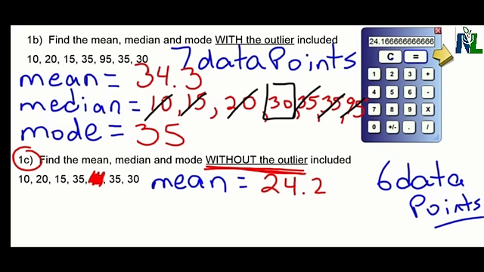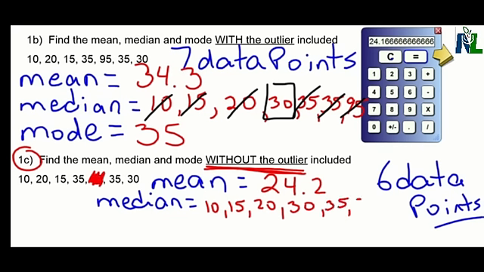Now we're going to look at our median. And again, for our median, the numbers have to be arranged from least to greatest. I've already done that up top, but I'll do it for you again. 10, 15, 20, 30, 35, and 35. I'll go through and find the middle of our data set.